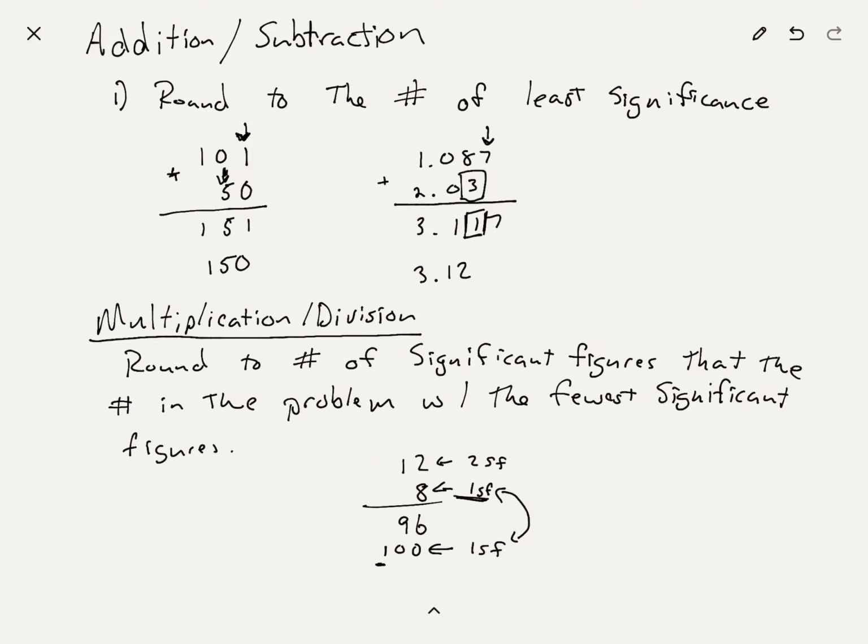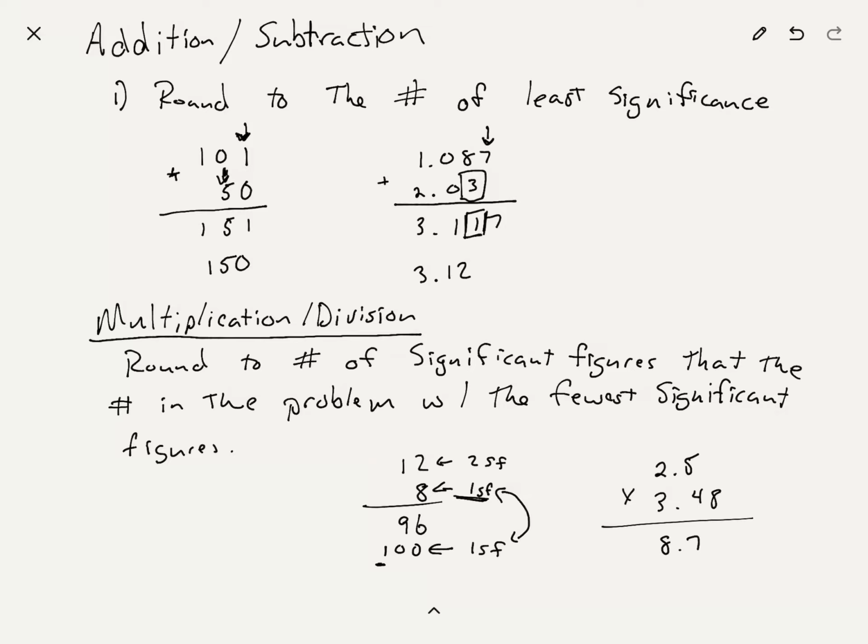Another example, if we are taking 2.5 times 3.48, we would be looking at an answer of 8.7, exactly.